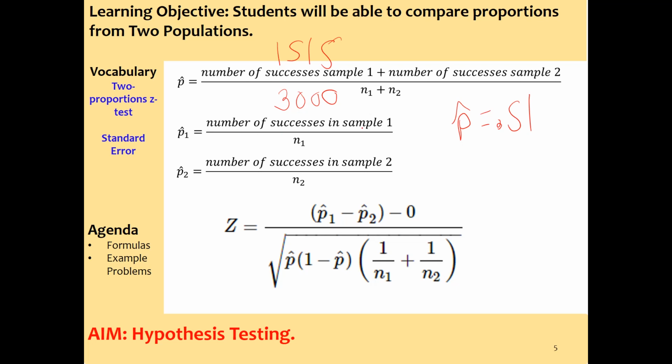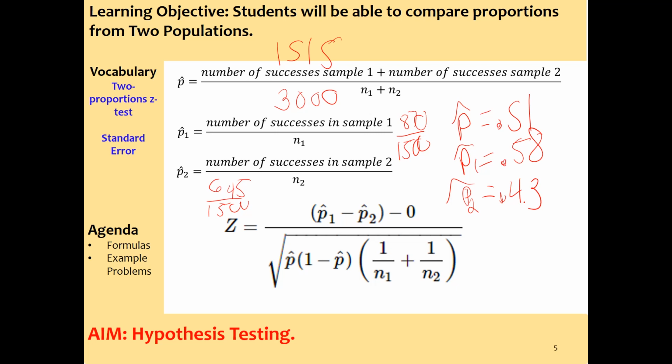So the total number of successes is 870 out of 1,500, and when you put that in your calculator, you get 0.58. And P2 is in 2002, so that's 645 divided by 1,500, and so P2 is 43%.